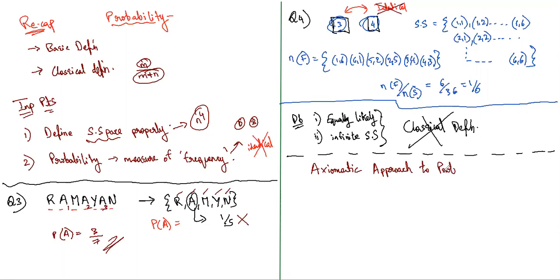Does anyone know what you mean by axiom? Sir, it is a result that does not have a proof. Yeah, sort of. More specifically, it is known as a self-evident truth. Basically, axioms are the foundational steps of the theory.